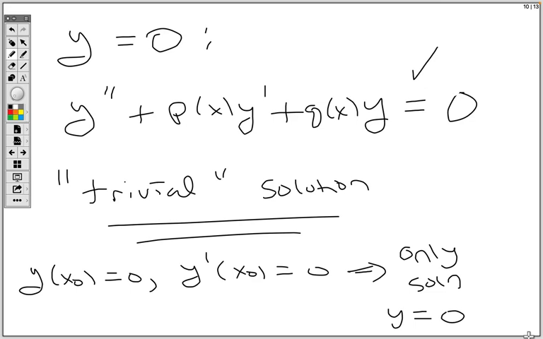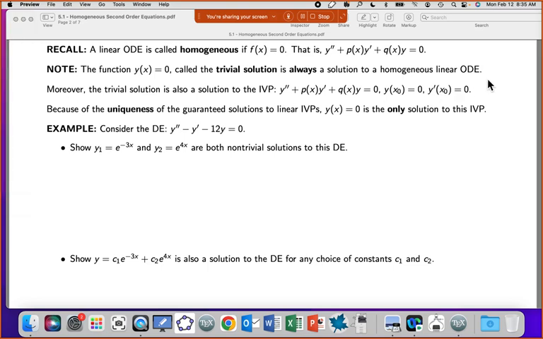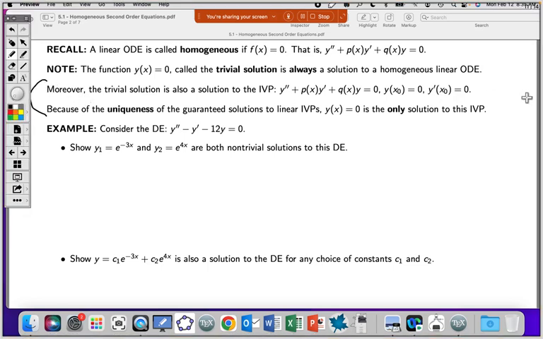Because y equals 0 certainly satisfies all that information. It satisfies the diffie q, it satisfies the initial conditions. And since there's only one solution, then it's got to be the 0 solution. So that's how that existence and uniqueness theorem kicks in. That's what we talk about here. Okay.